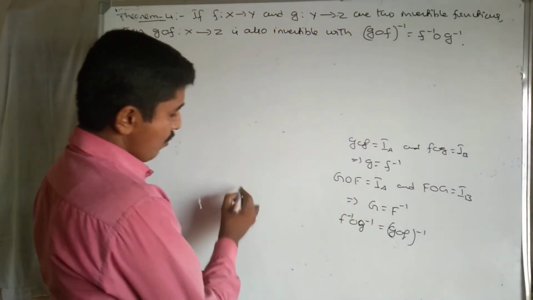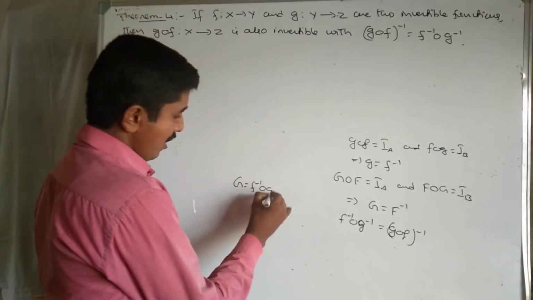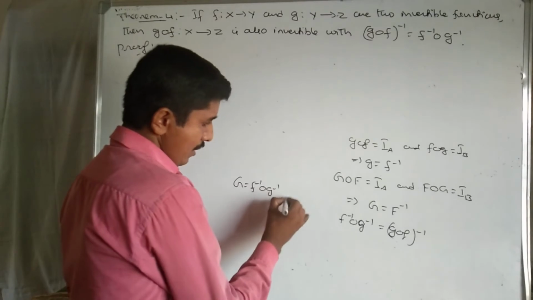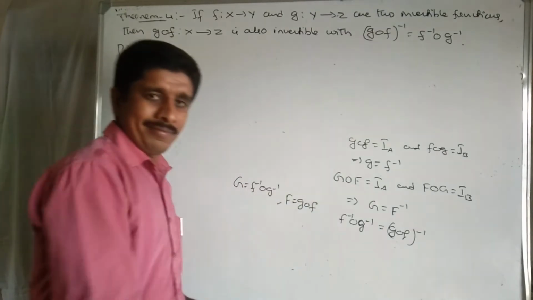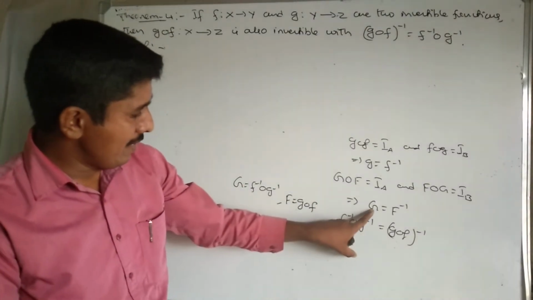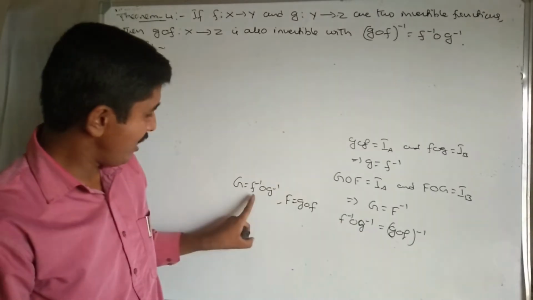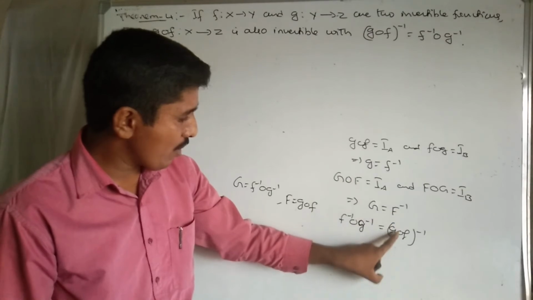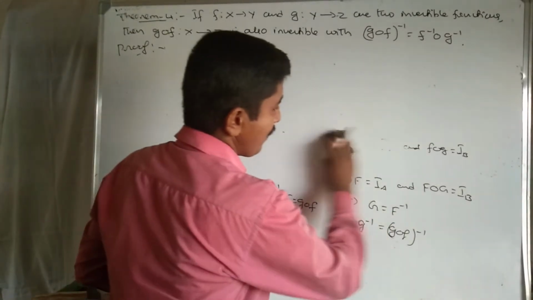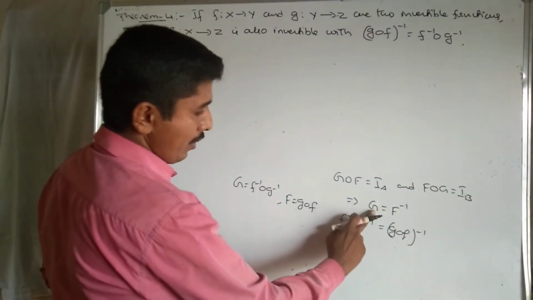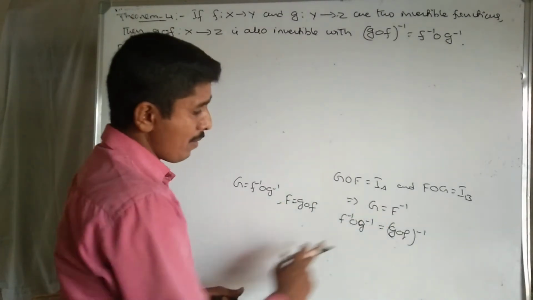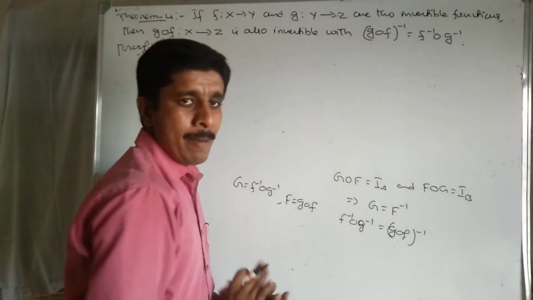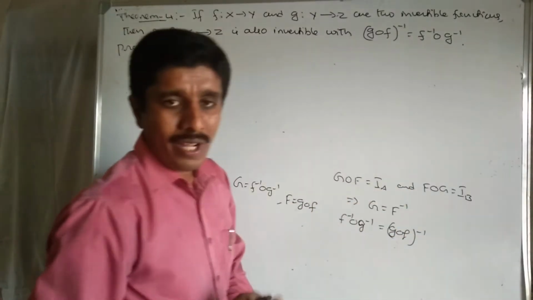This means here g equals f inverse ∘ g inverse, and f is taken as g∘f. To prove that f is invertible, we have to prove that g equals f inverse, that is, g∘f equals the identity function and f∘g equals the identity function.